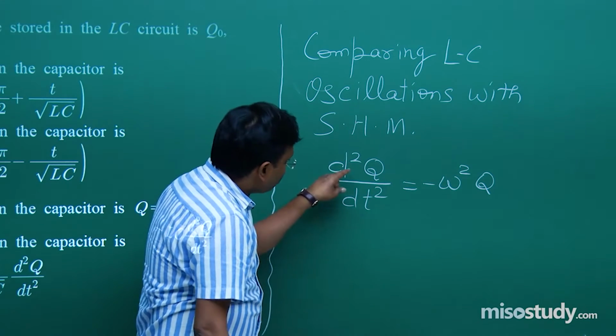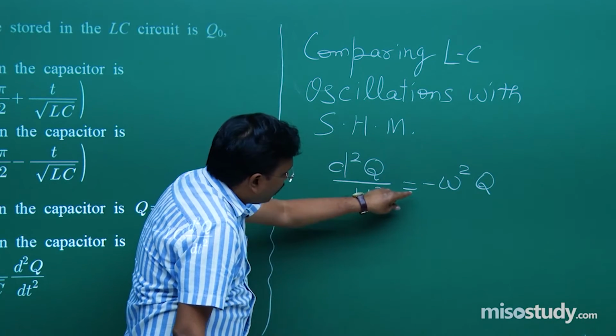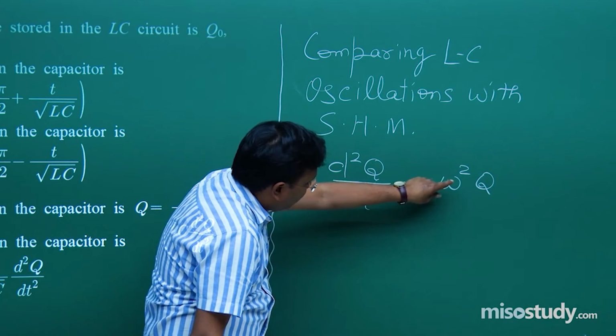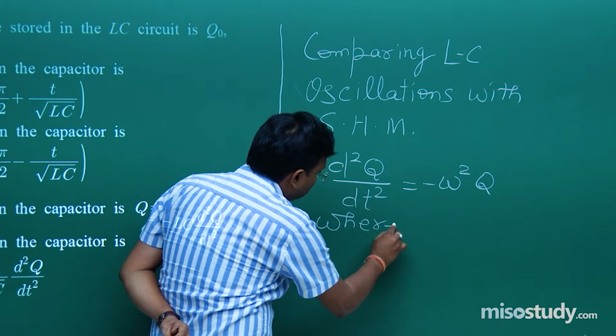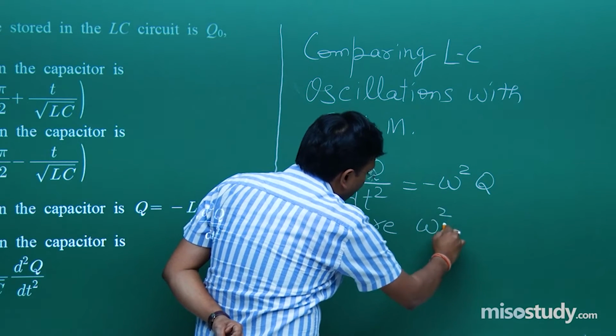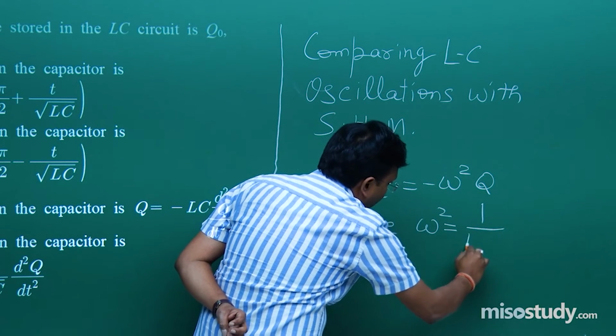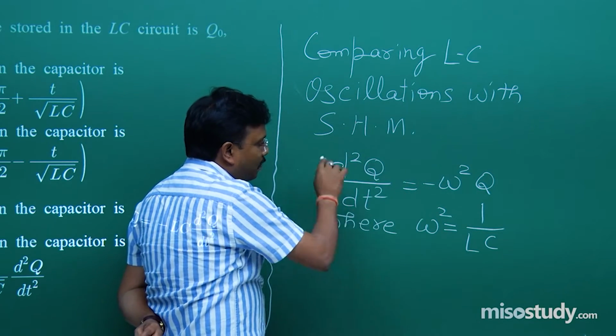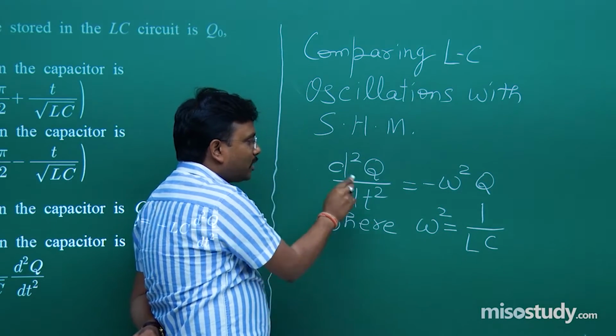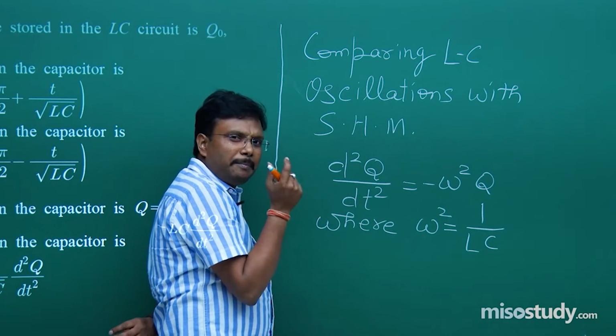That's the point. So d2q upon dt square is equal to minus omega square into q, where omega square is equal to 1 upon LC. Still I am sure few of you may be looking at this relation with some bubbling eyes.